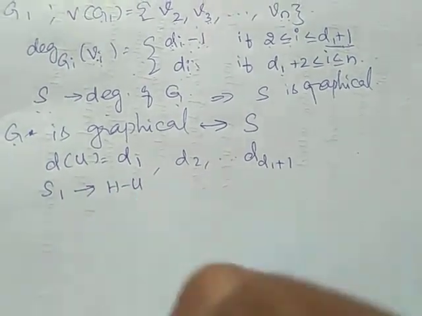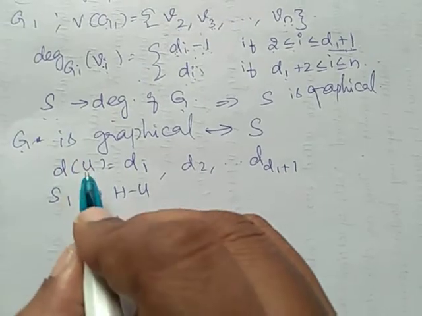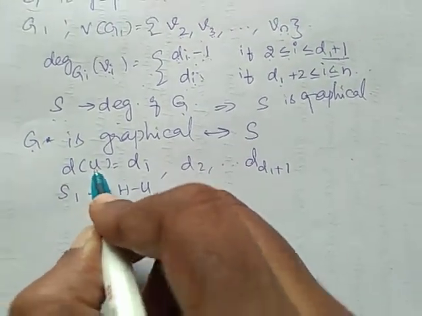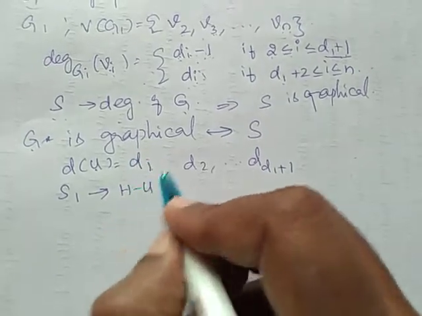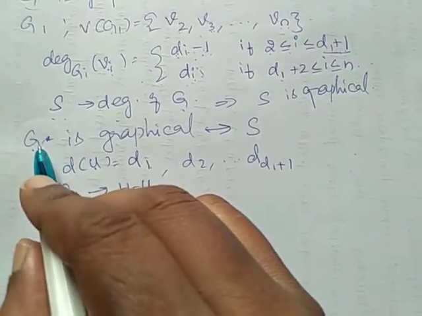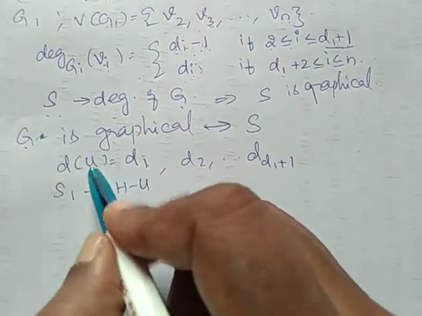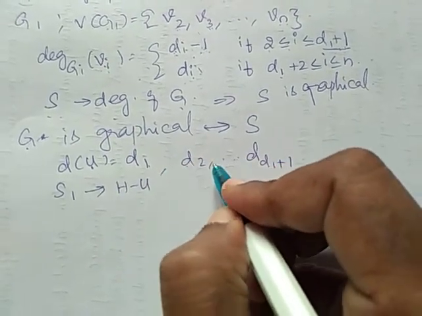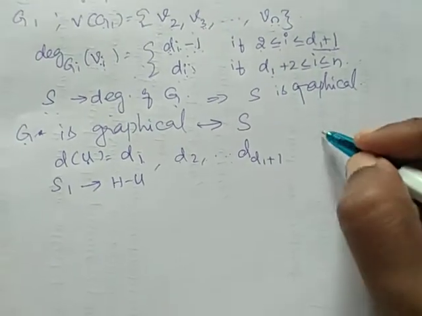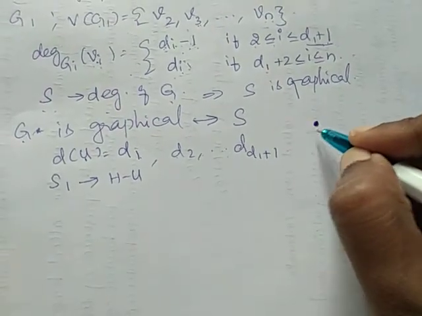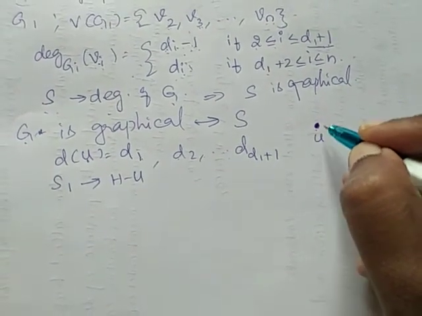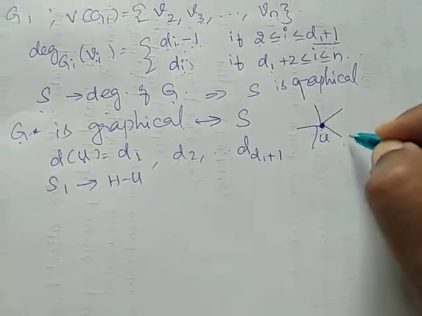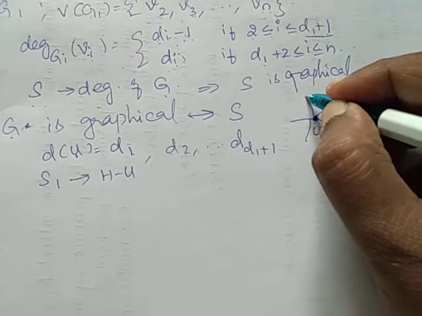We are removing U. We are considering a vertex U whose degree is D1, which means the greatest degree in this graph G, and it is adjacent to vertices of degrees D2, D3, D4, etc. See here, if U is of degree 5, it means it is adjacent to 5 vertices, right?